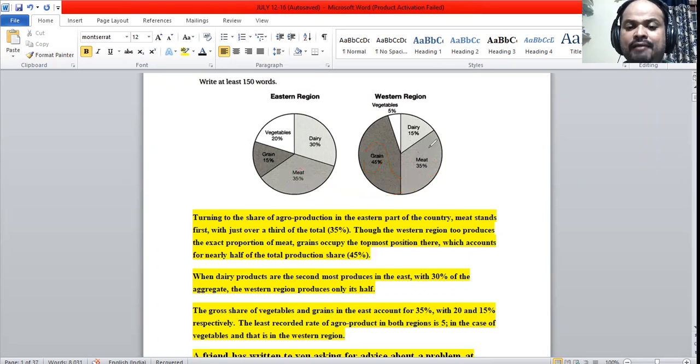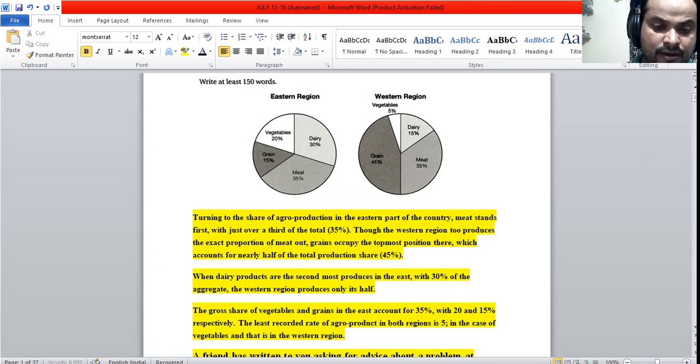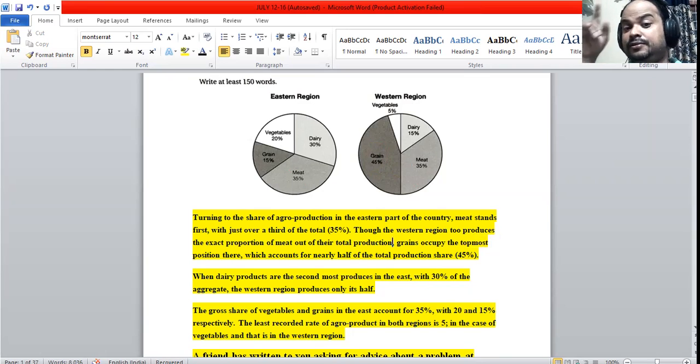So I do have to look at the data very clearly. Though the western region too produces the exact proportion of meat, I can say out of their total production. I have to add that because this amount of production is different from this amount of production.